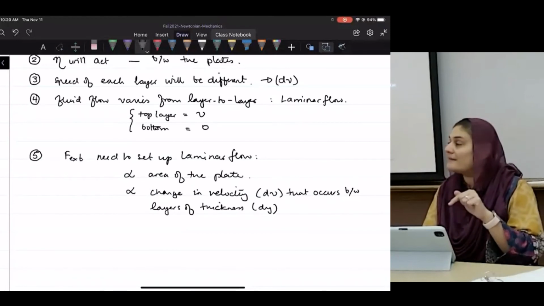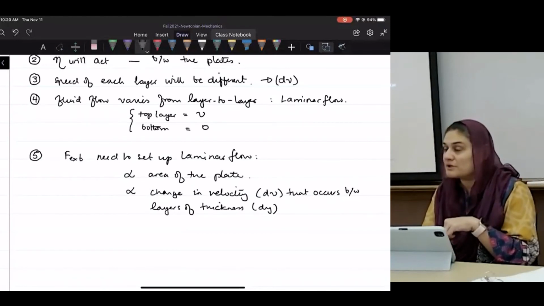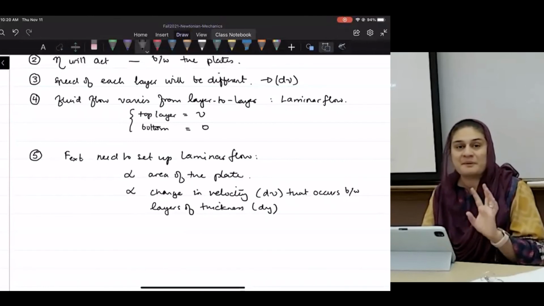And understand that that is experimentally found. A lot of what we're going to be doing is experimentally found.